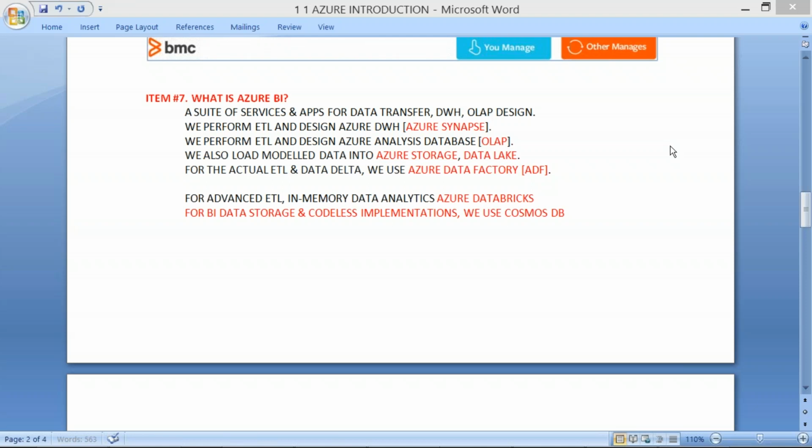Again here, the data lake components come into the picture. So data lake is common everywhere. It's basically the backend storage, just like your hard disk. It's required for Synapse, nothing but data warehouse, OLAP, and just like SSIS, we have ADF, first level, and you can also include in your course even Databricks and Cosmos DB.